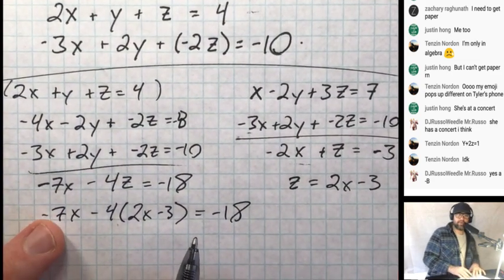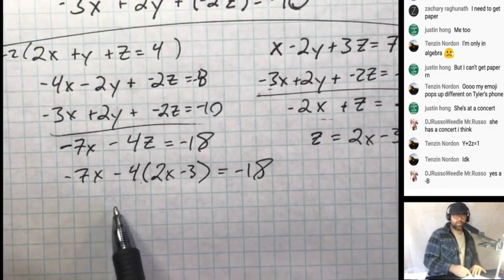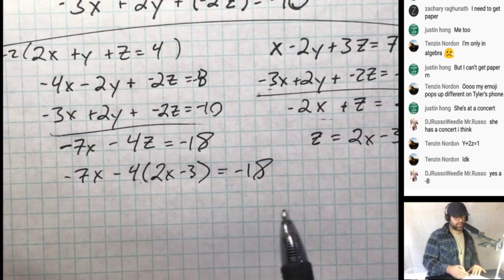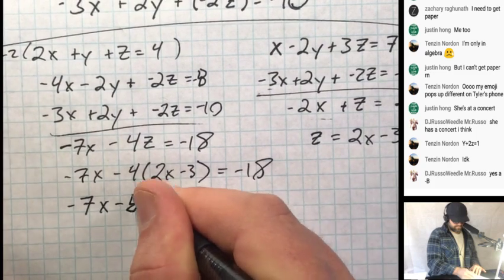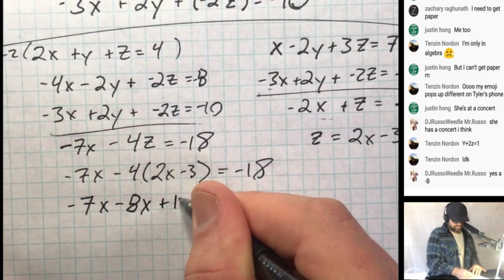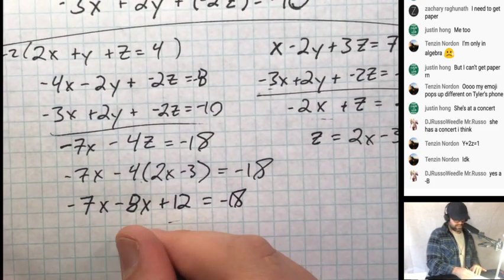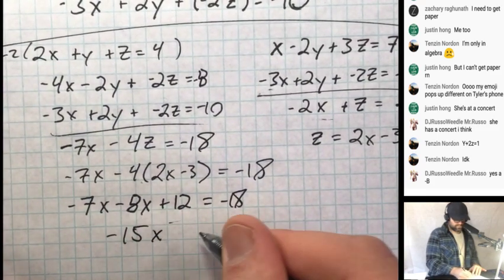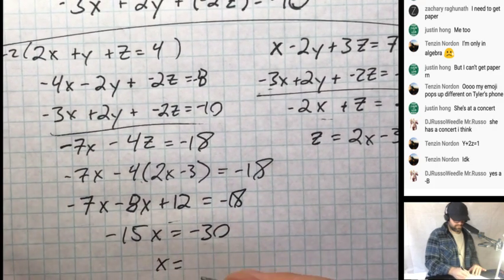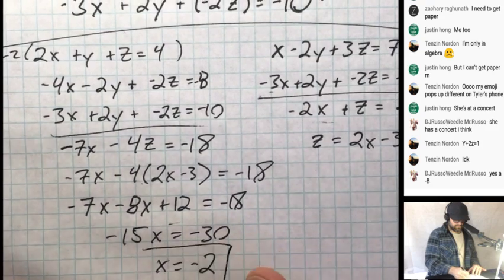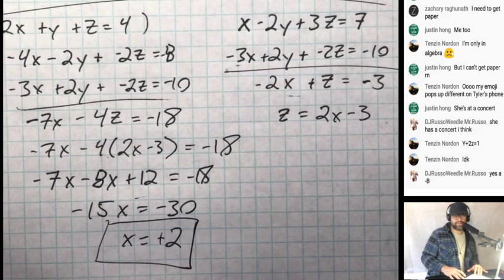So now I have my equation, and now I've gone from 3 equations, 3 variables, to 1 equation with 1 variable, and so now I just need to solve for x. Minus 12 from each side, collect like terms. X equals positive 2. Chill?